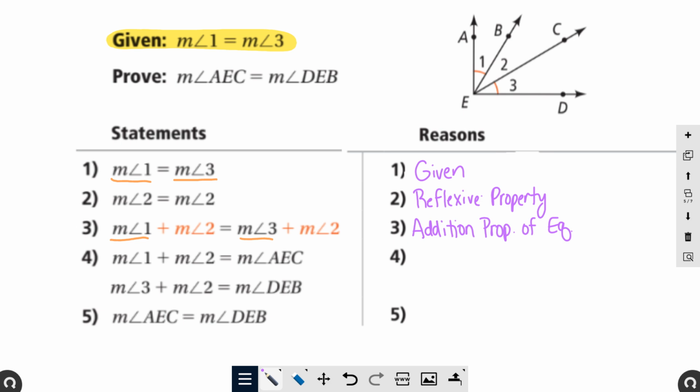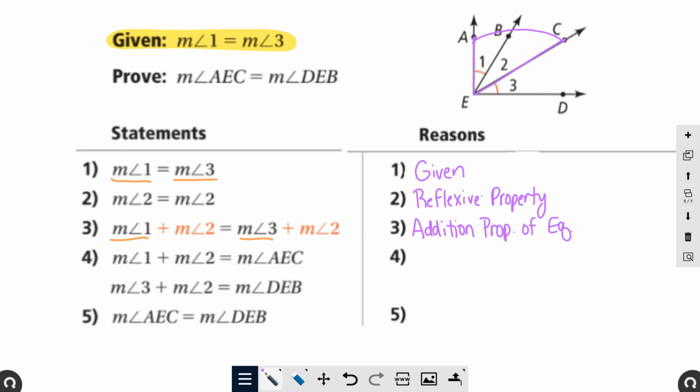Now, statement 4 looks a little bit different. Sometimes you have to look at your picture. It's saying if you add angle 1 and 2 together, you get angle AEC. Well, angle 1 and 2 are in that angle AEC, right? So we're adding up 2 angles to make a whole angle. We're doing a part plus a part equals a whole.